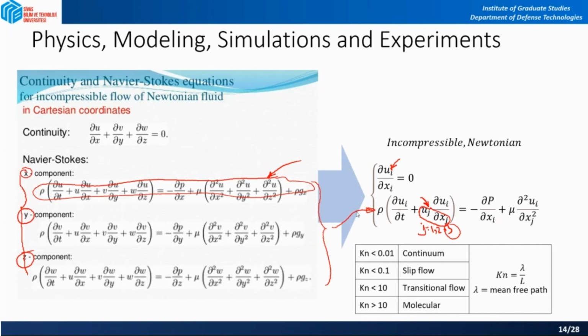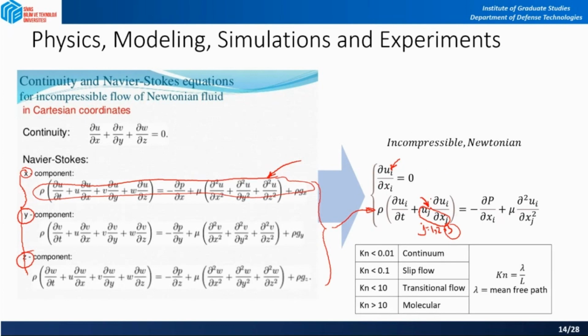There is only one condition: it has to be continuous, or a continuum. Everything has to be continuous. If you have discrete fluid particles, for example, one particle is here, another particle is 2 meters away, and they are not connected to each other, you cannot apply these equations. You cannot apply the Navier-Stokes equations.